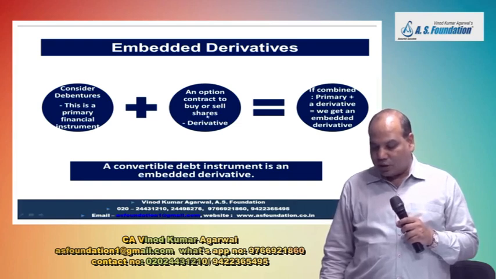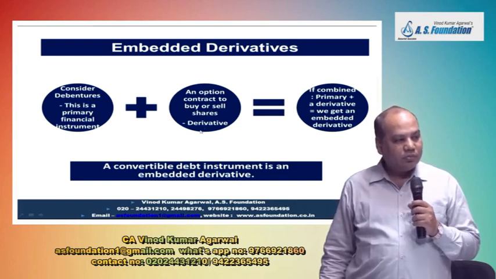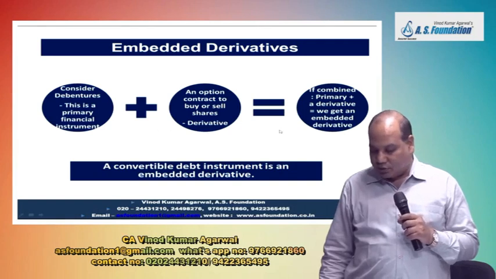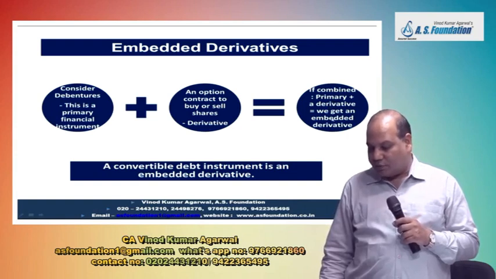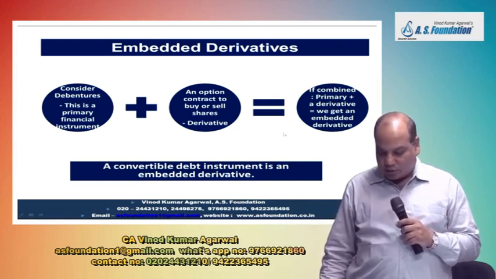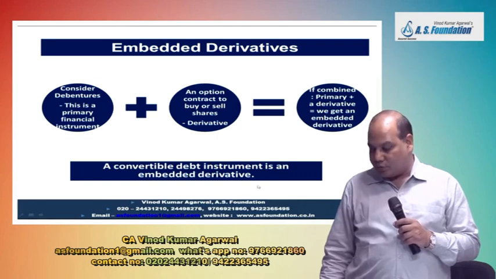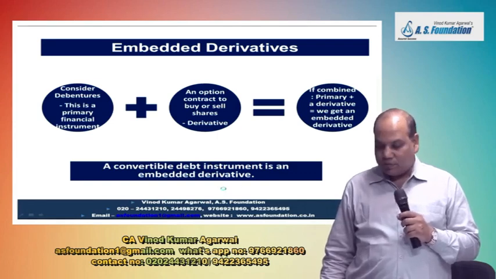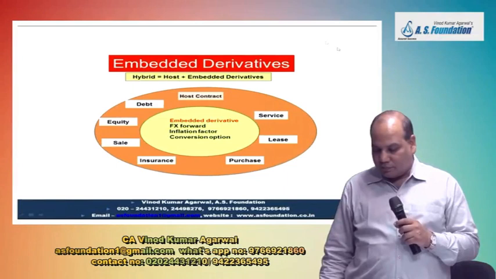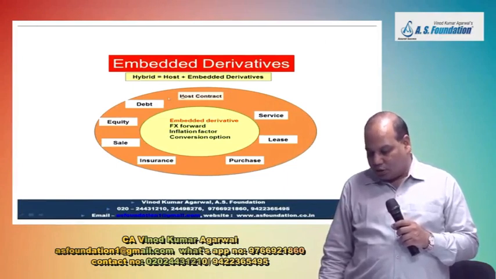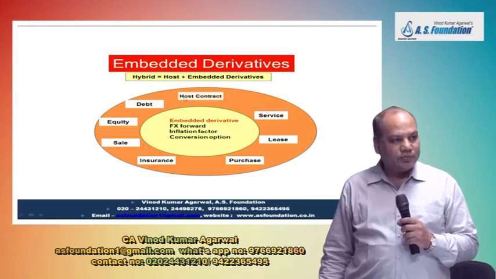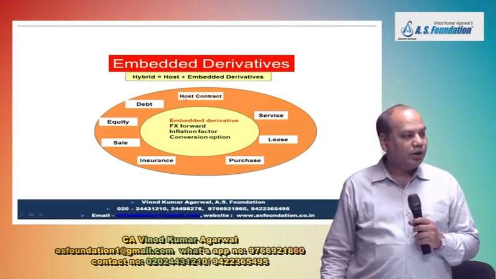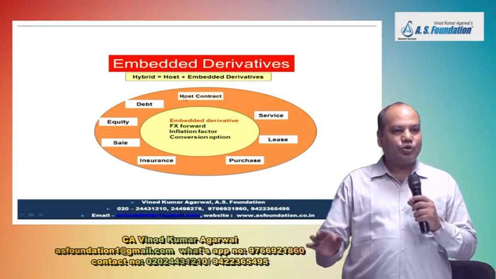This option to buy or sell share is called derivative. Merge the two, it becomes an embedded derivative contract. So primary plus derivative, we get an embedded derivative contract. A convertible debt instrument is an example of embedded derivative. So derivative is included, embedded in a host contract.